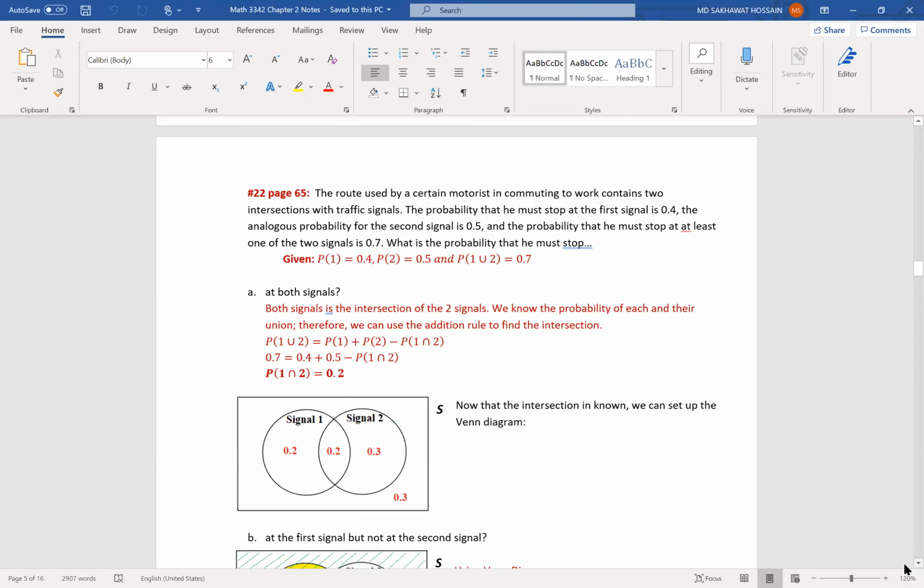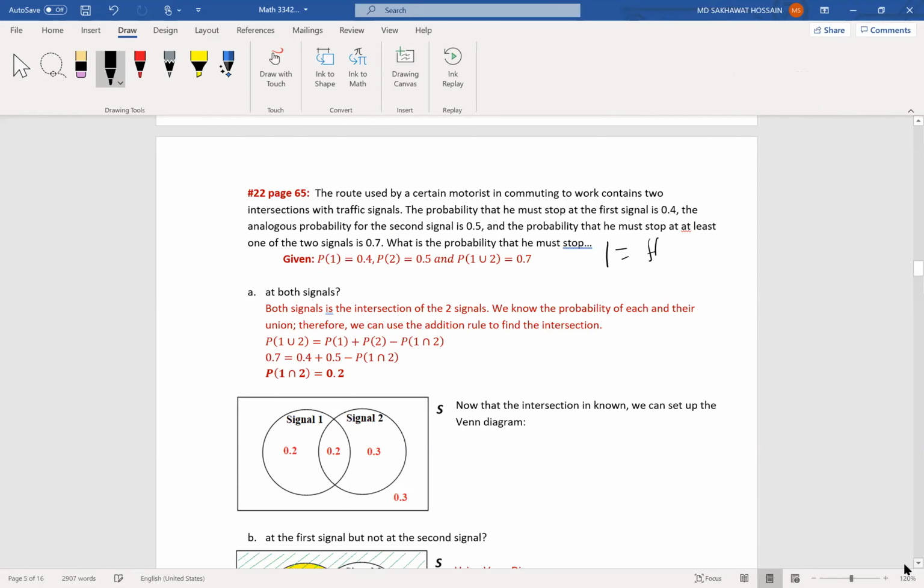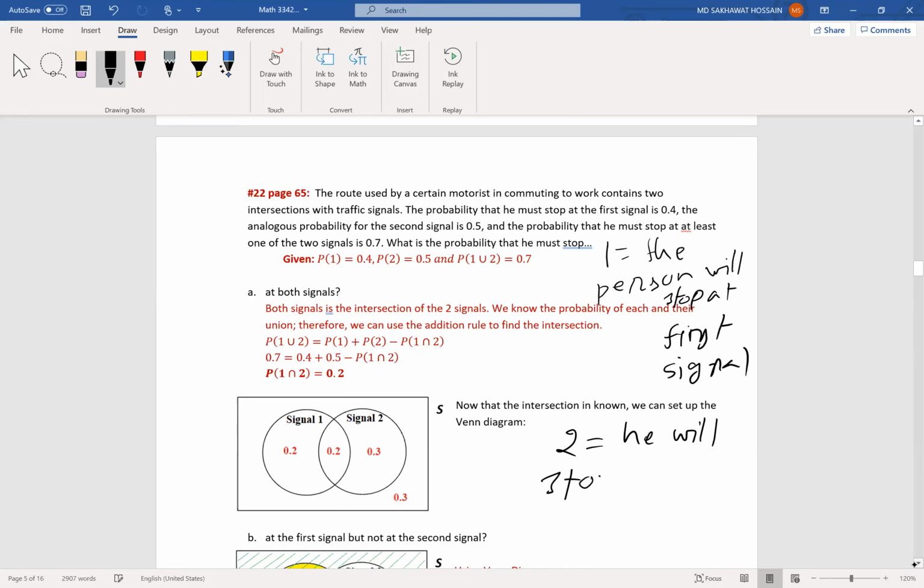So we are given, if we consider the person stopped at signal 1, the first signal, then the event is 1. So 1 means the person will stop at the first signal, and 2 means he will stop at the second signal.